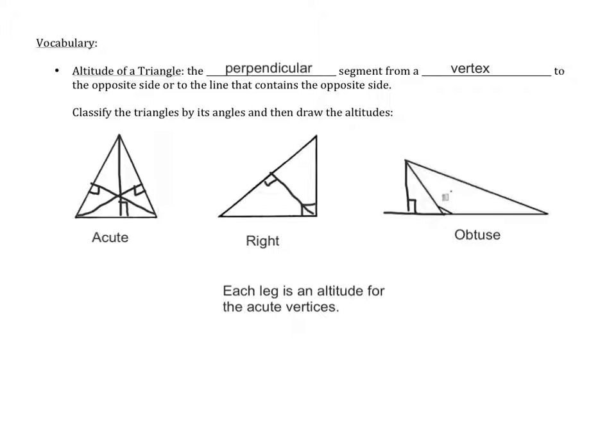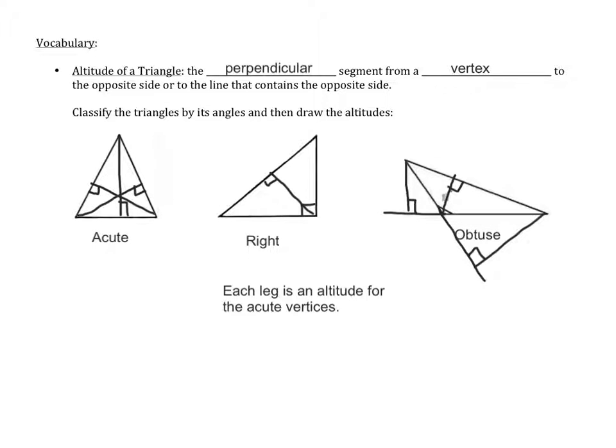Look at another one. Going from this vertex, a perpendicular line down would be going this way. So again, I'd have to extend this line outward and it would look like this. So again, notice it is outside of the triangle. And finally, if I were to go from the obtuse angle, a perpendicular line down to the other side would look like this. And that's the only one that actually ends up inside of the triangle.